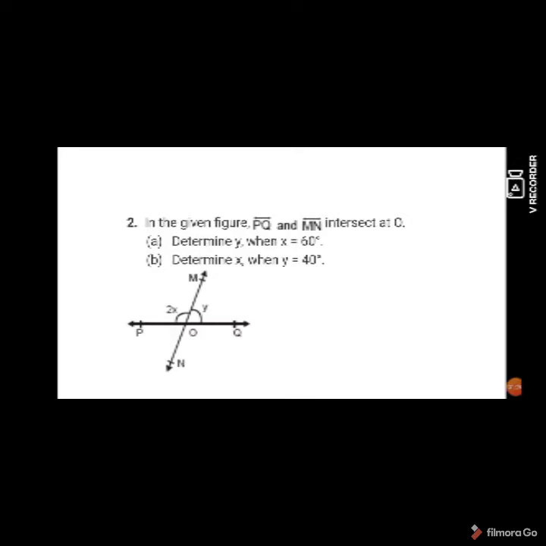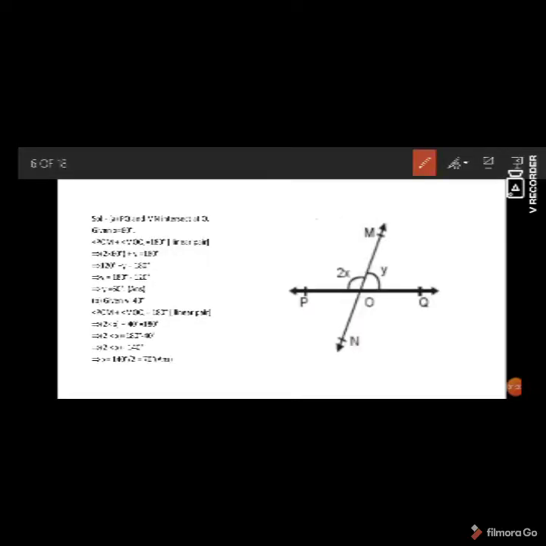Next, there is a diagram given. PQ and MN intersect at the point O. We have to find y when x is given and x when y is given. So here PQ and MN intersect at O. Given x is equal to 60 degree.